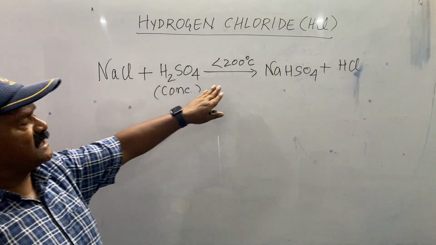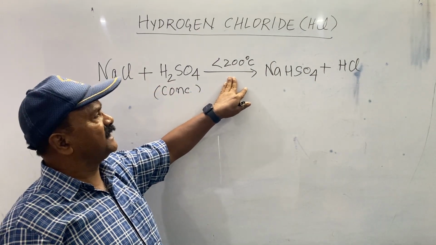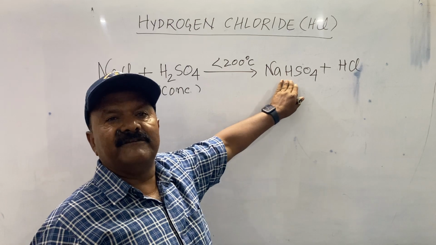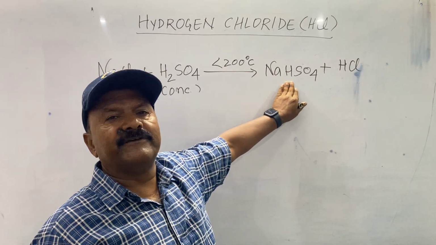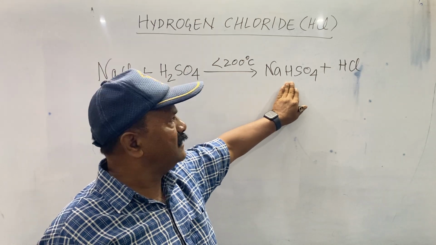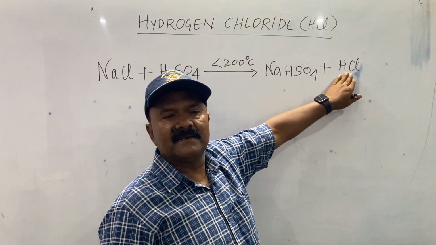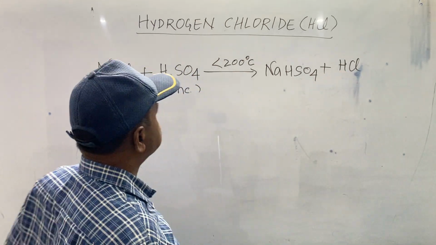So when the temperature is maintained less than 200 degrees Celsius, then sodium bisulfate will be formed, which will be completely soluble, meaning it won't form any kind of crust, and it will release HCl gas.